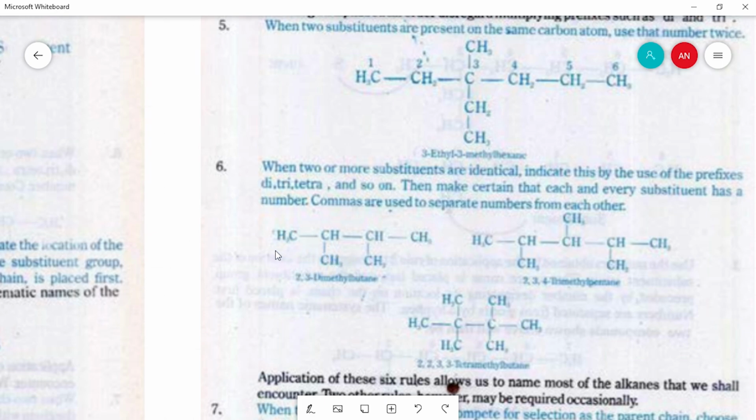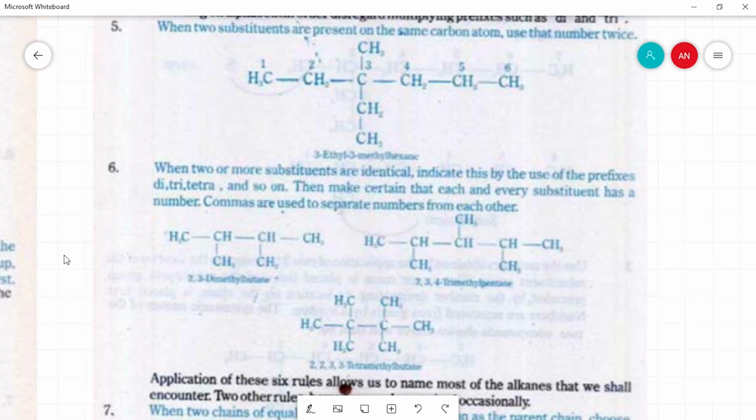This is a 4 carbon chain, so butane of course, and one methyl is on the second carbon and another methyl on the third carbon, so 2,3-dimethylbutane, right? We can't write here 2-methyl-3-methylbutane. We will write 2,3-dimethyl because the methyl radicals are the same.